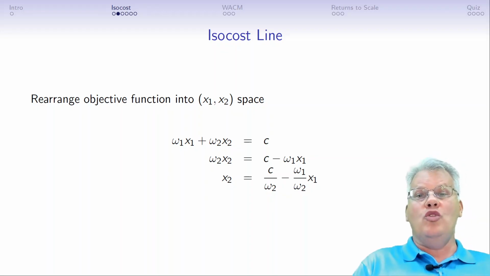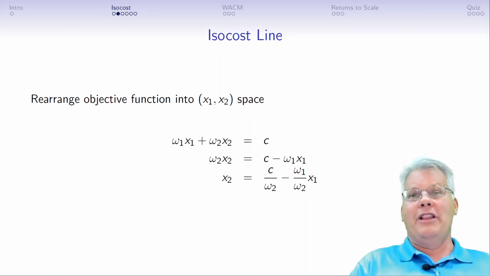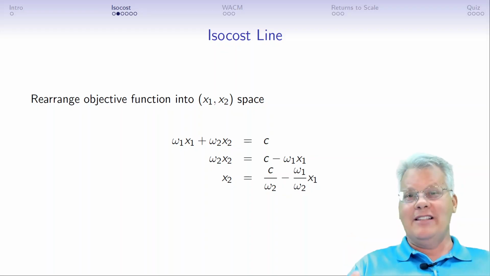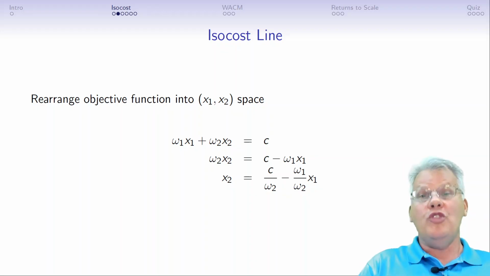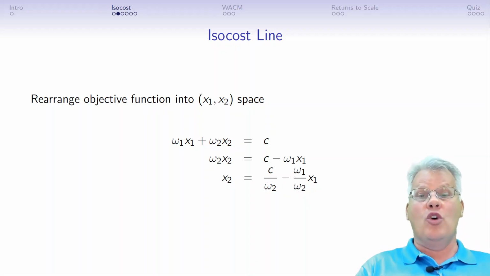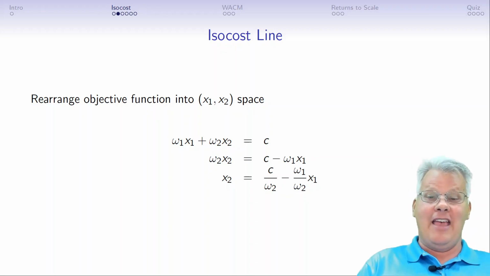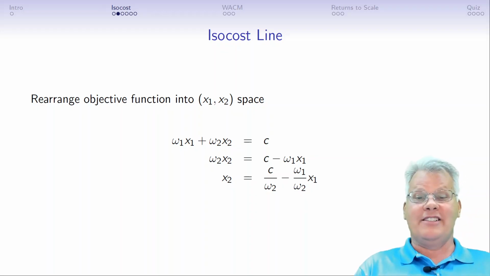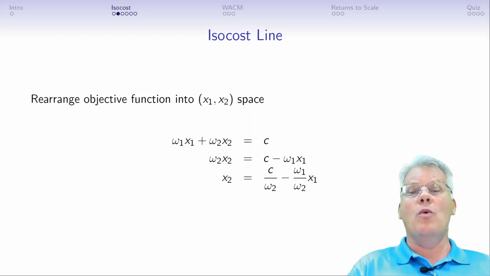So we need to rearrange the equation for this iso cost line to place x2 as the vertical variable, x1 as the horizontal variable. We'll do that just like we did with budget equations back in Chapter 2. And what we find is that the slope of an iso cost line is the ratio of the factor prices, omega 1 and omega 2.